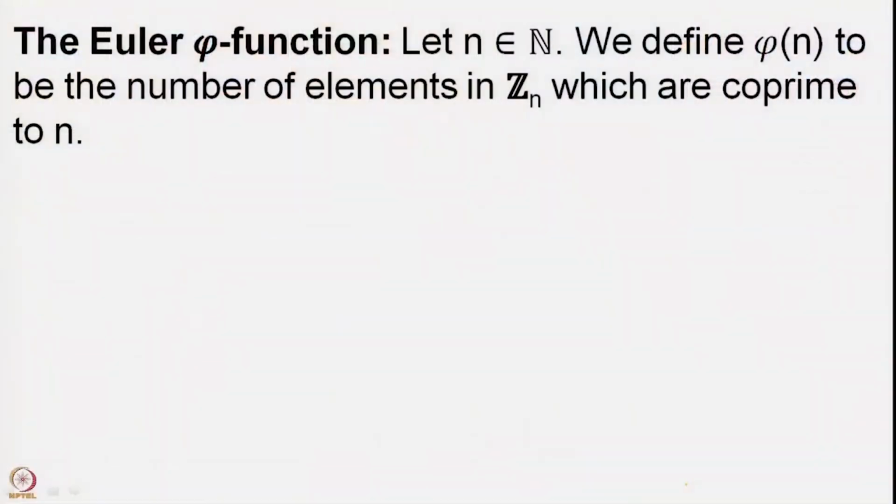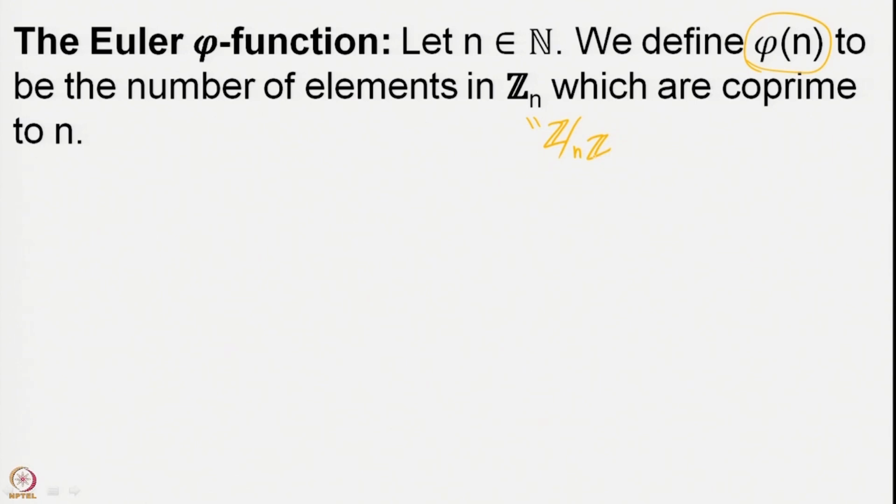So we define this function phi of n. This is a function, and what does it do? It computes the number of elements in Gn, remember, this is Z by nZ, which are co-prime to n.